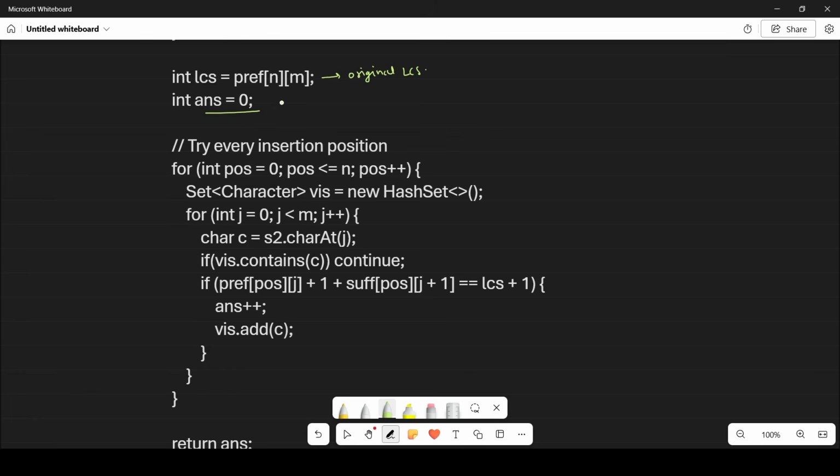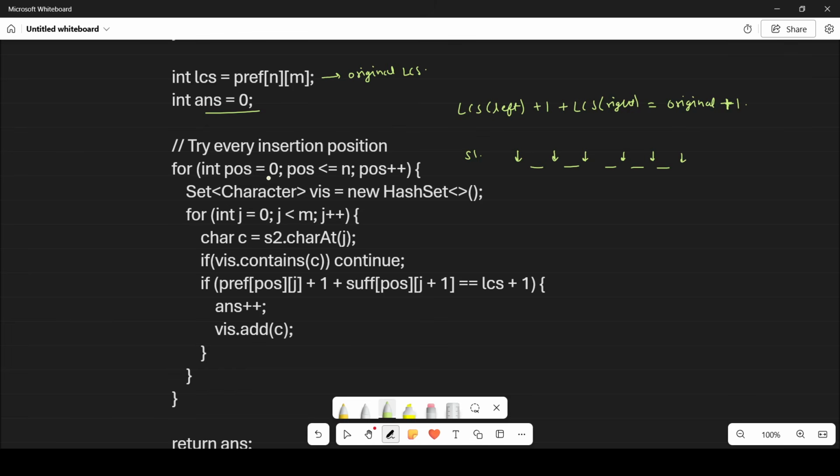and this is our answer, and we will increment it if we find that LCS of left plus 1 plus LCS of right is equal to original plus 1. In that case only we will increment our answer. Because we want to insert a character in string S1, and string S1 is of length n, let's say n is 5, so we have n plus 1 inserting positions.